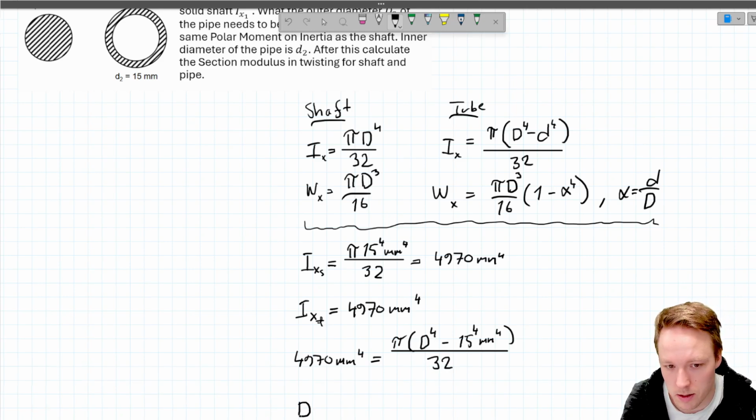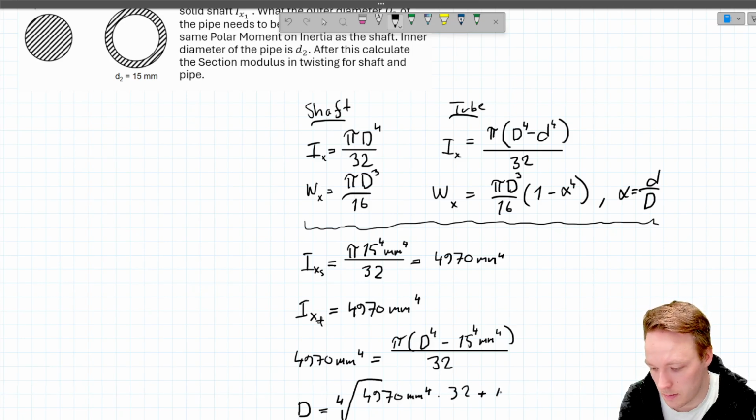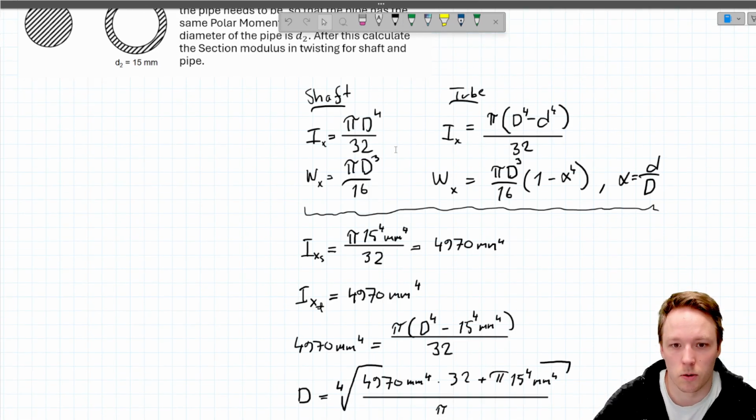And now we just simply solve for d from the equation. I'm not going to go through the steps in here. You should be capable of doing that. So when we solve for d, the equation should be the fourth root of 4,970 times 32 plus pi times 15 to the power of 4 millimeters to the power of 4, divided by pi, like so.